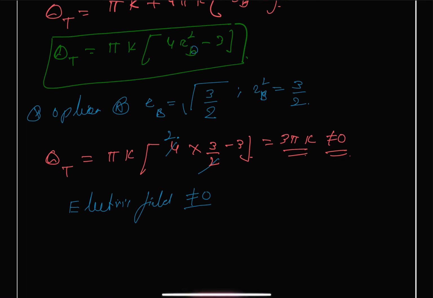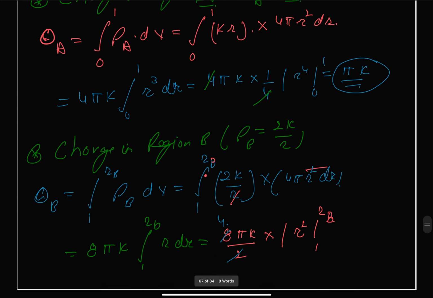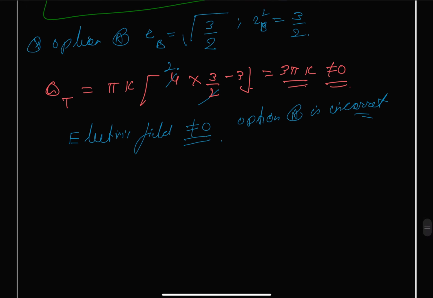So option A is incorrect. And for say, the electric potential just outside B is k upon epsilon naught. So we have our option B.